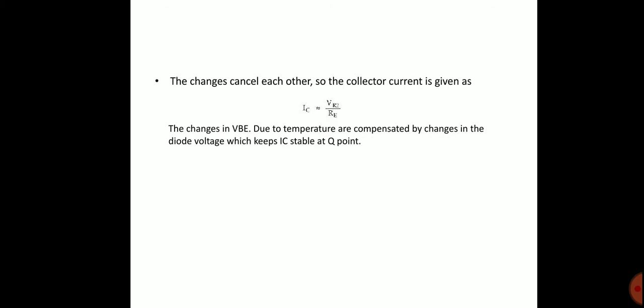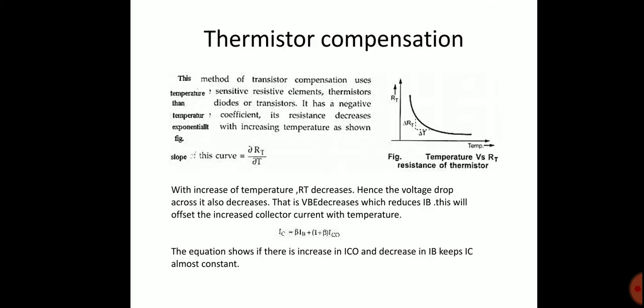Next one is thermistor compensation. This method uses a temperature sensitive resistance element, the thermistor, rather than a diode or transistor. It has a negative temperature coefficient; its resistance decreases exponentially with increasing temperature.